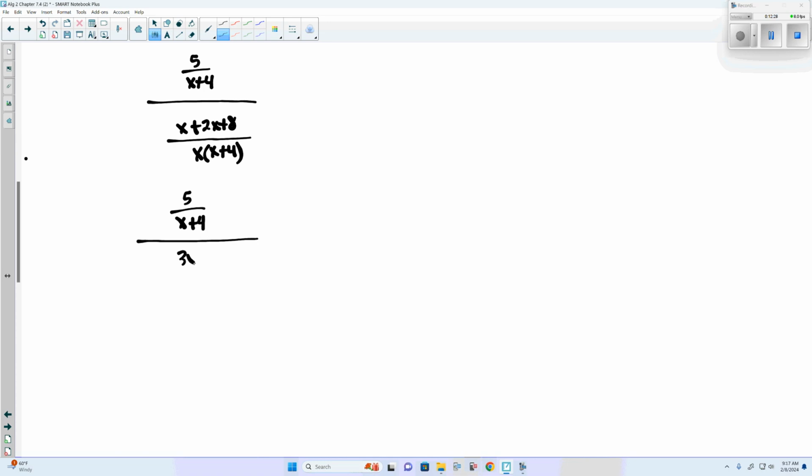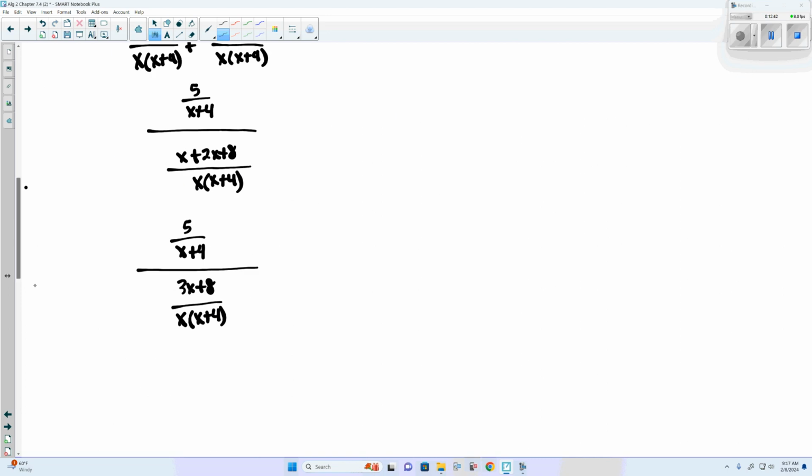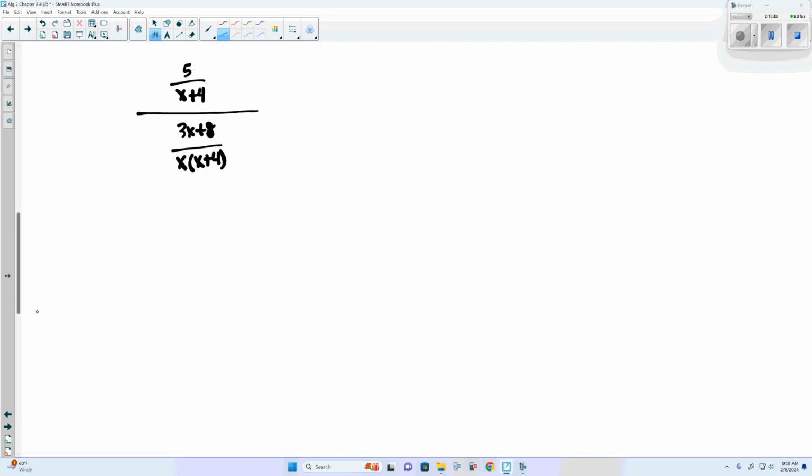The denominator, we have 3x plus 8 over x times x plus 4. Okay, good. All right. Did all that. Now we have one fraction top and bottom, yes? So we're going to simplify.